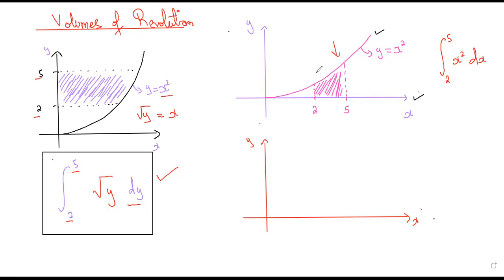What am I doing? I am rotating this shaded region through an angle of 360 degrees about the x-axis. Just imagine that I have this region and I'm flipping this. That is going to make a shape of something like this. Not exactly this, but you get the point.